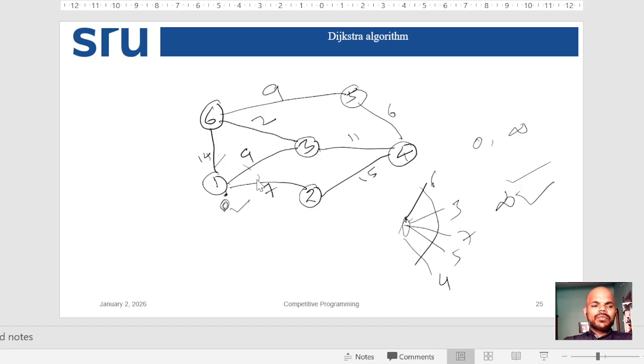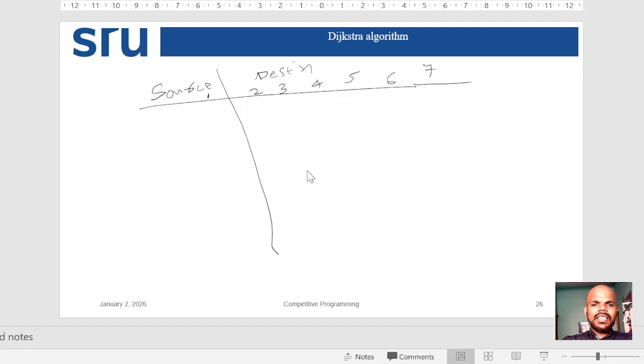So I will assume that the distance from 1 to 6, 1 to 3, 1 to 2, everything is infinite. So I will create here distance 1, and 1 to 2 infinite, infinite, infinite, infinite, infinite. This is the first step.